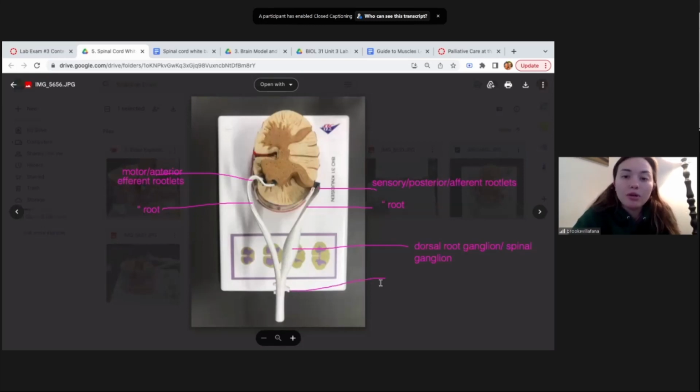Here's your posterior ramus, or rami communicantes. And then your anterior ramus here. That becomes the nerve.